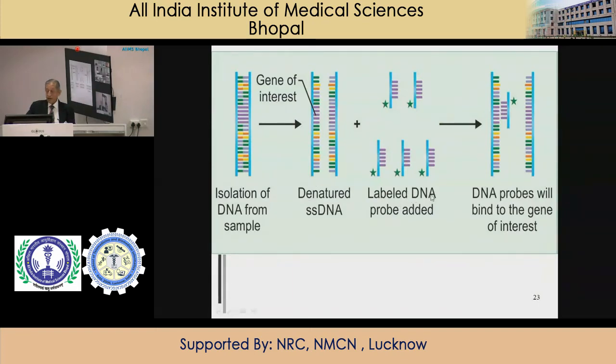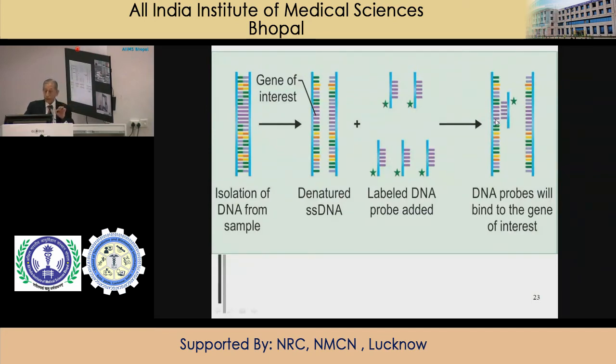In this particular case, HSV probes are added, and we see whether the probe is binding to that particular gene of interest. If the gene is there, then naturally the probe will adhere there, and therefore the test will be positive. In that case, we can say that the viral gene is incorporated.